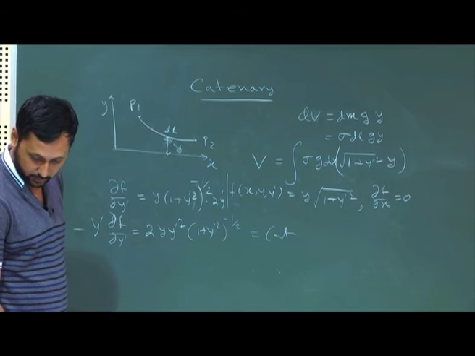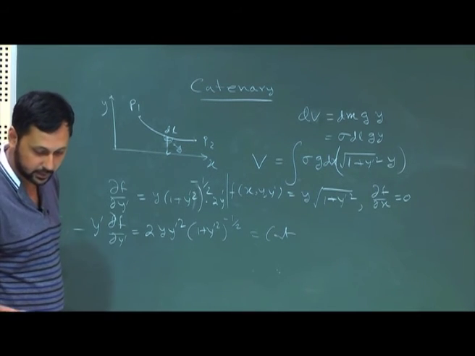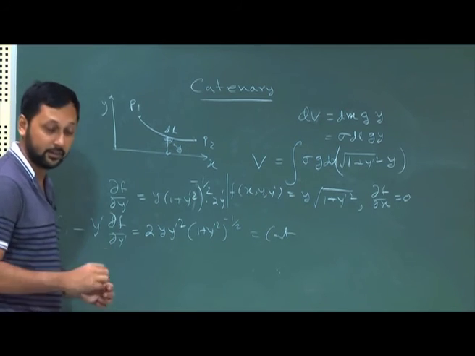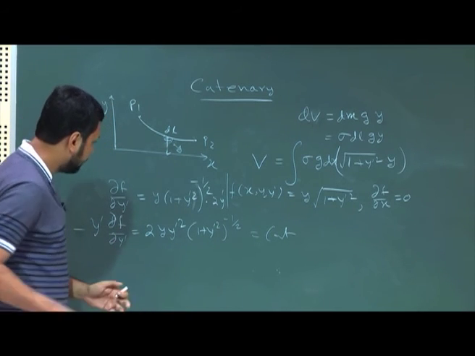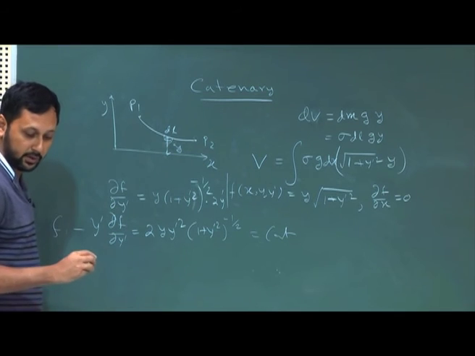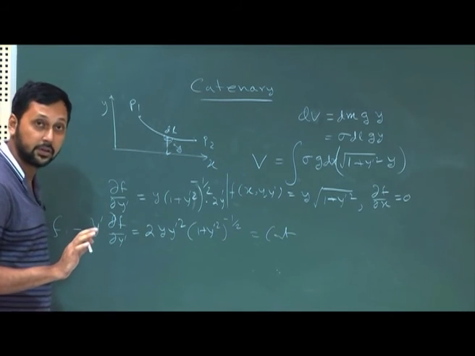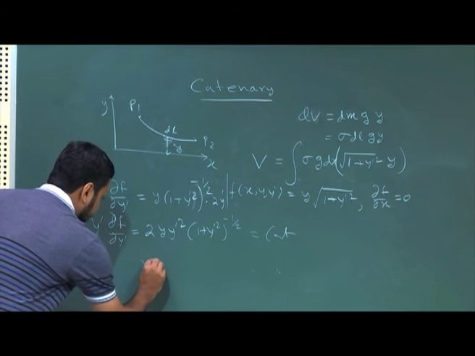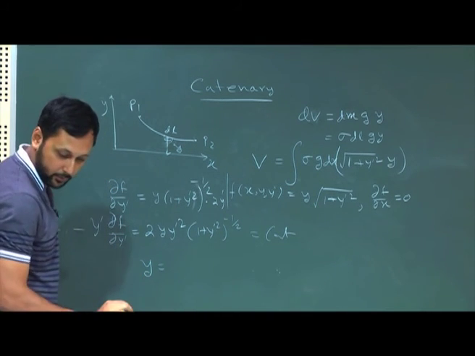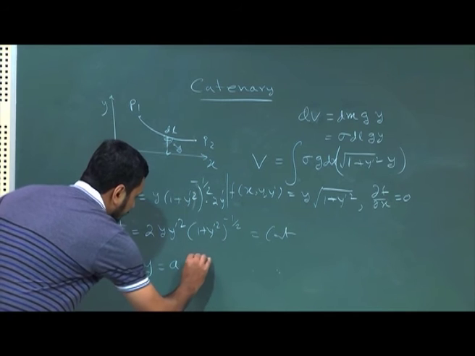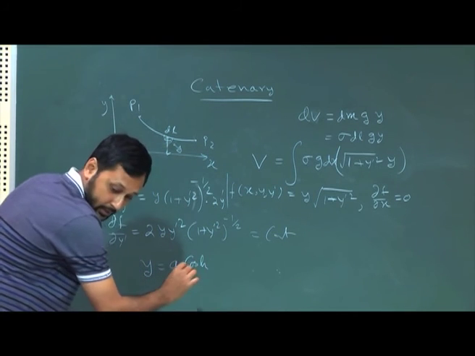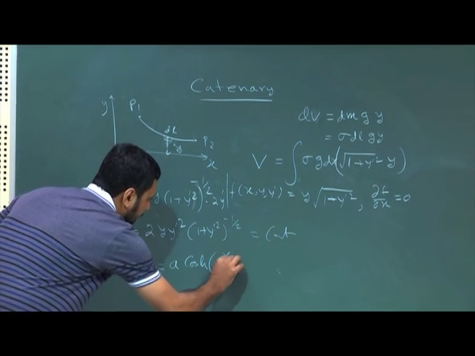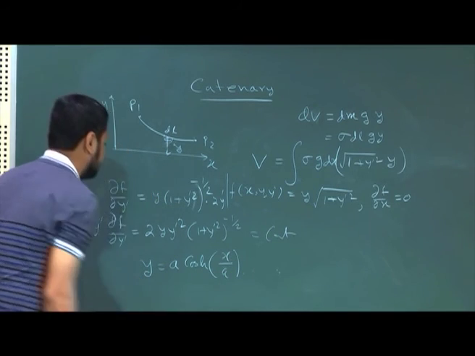Okay. So, finally, I will give you the final answers, that is more important. If you follow this procedure, you will essentially get a differential equation which will have a solution of the form y equal to a cosh(x/a).